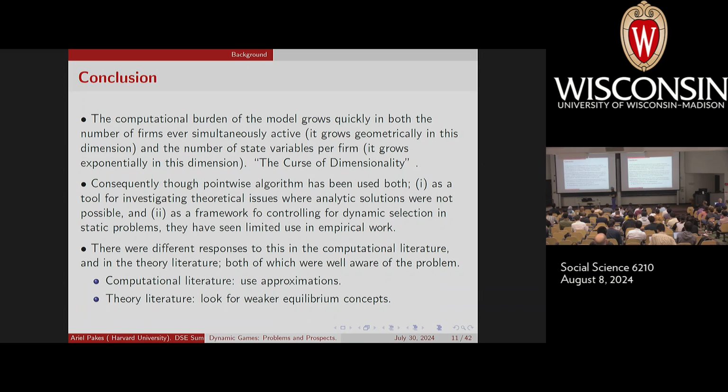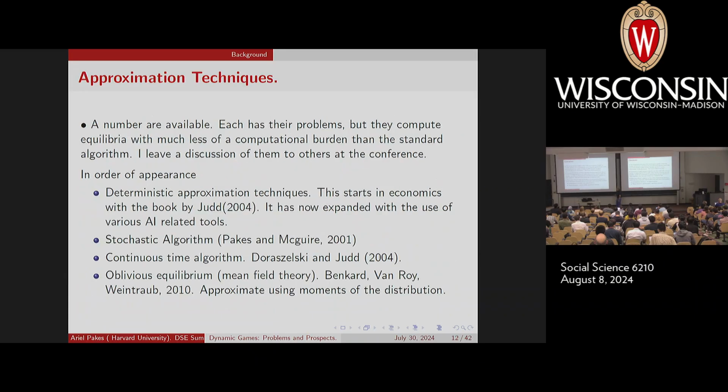So there were two different responses to this. There was a theory response which we ignored for a long time, and there was a computational response which we did not ignore. So there was stuff by Ken Judd, and that stuff on oblivious equilibrium by Lanier Benkard and his co-authors. That was the computational part.